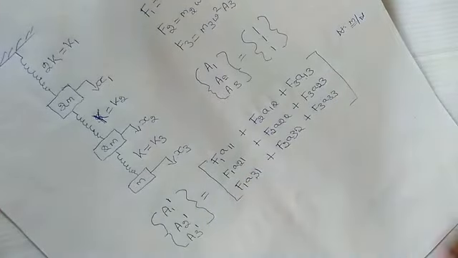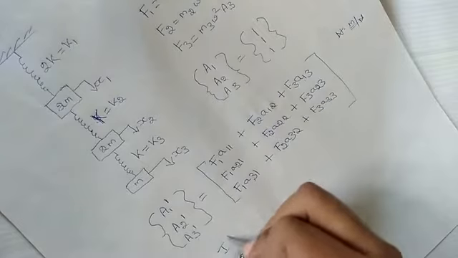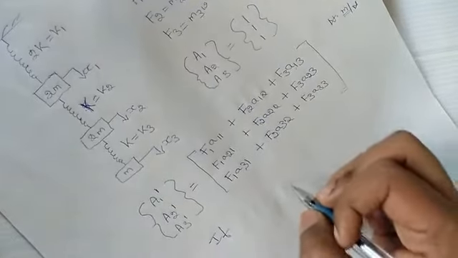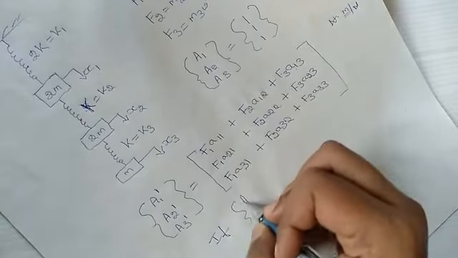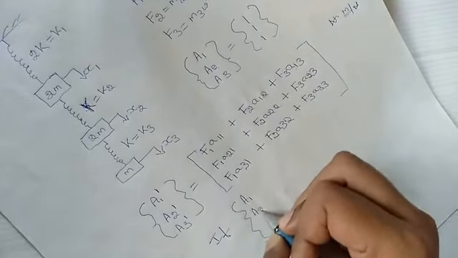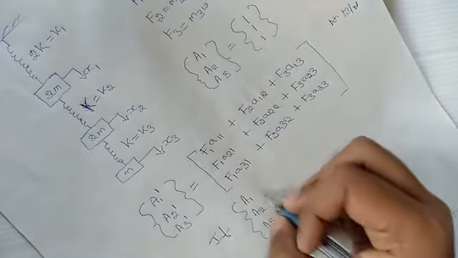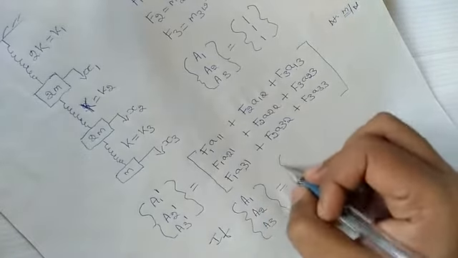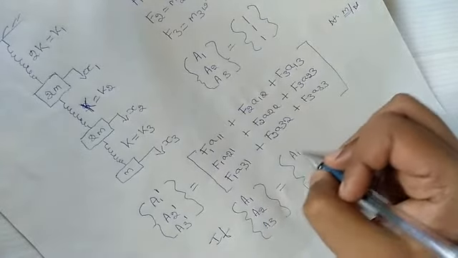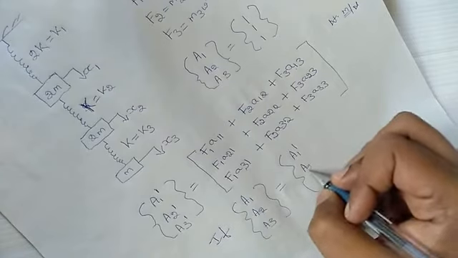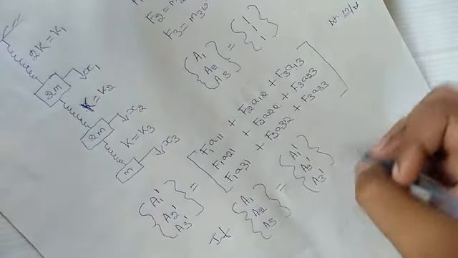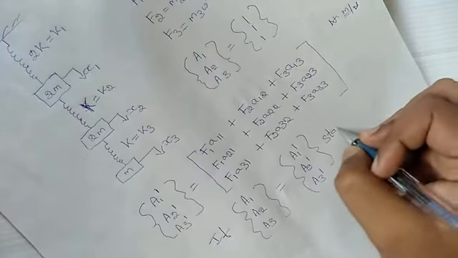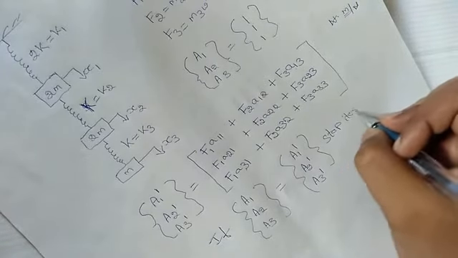Now if A1, A2, A3 is equal to A1 dash, A2 dash and A3 dash, stop iterating.